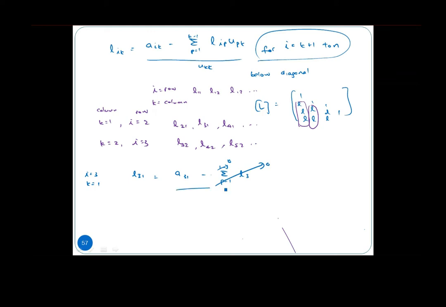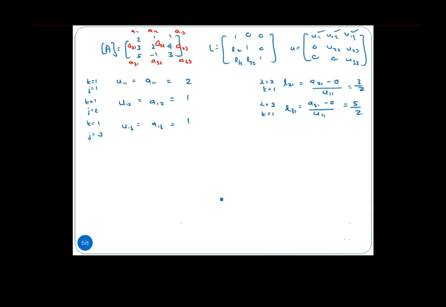We divide by U11, so it is actually A31 over U11 in this case, which is 5 over 2.